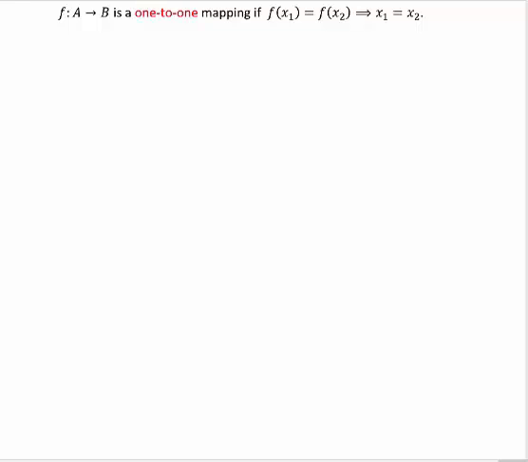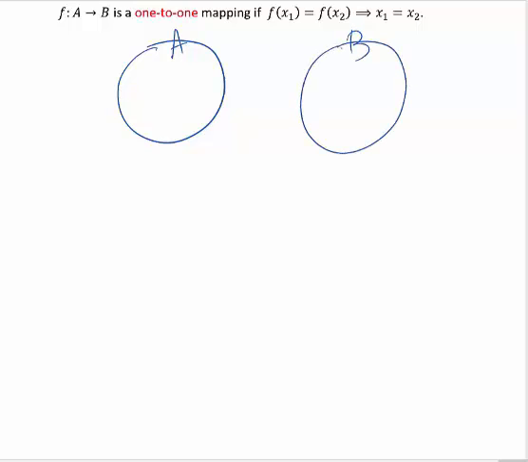A function F is called a one-to-one mapping if, well, first let me just draw a picture. We have a set A and a mapping to set B. A function could map two different x's to the same y. For example, f of x equals x squared, but not in a one-to-one. This cannot happen.